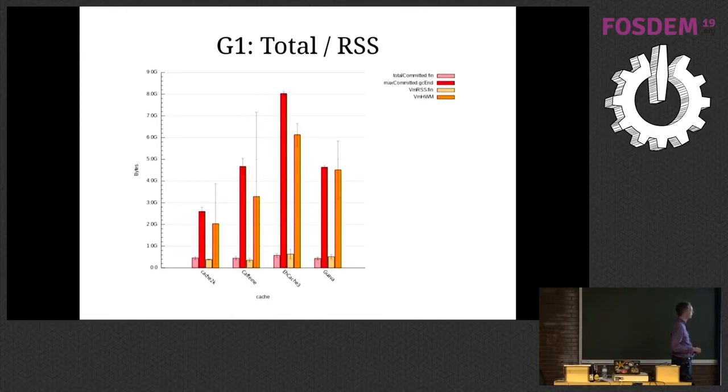So here we get a lot of different results. The reason why we get a lower resident set size is that G1 is giving back memory aggressively to the operating system. So the high watermark is different.